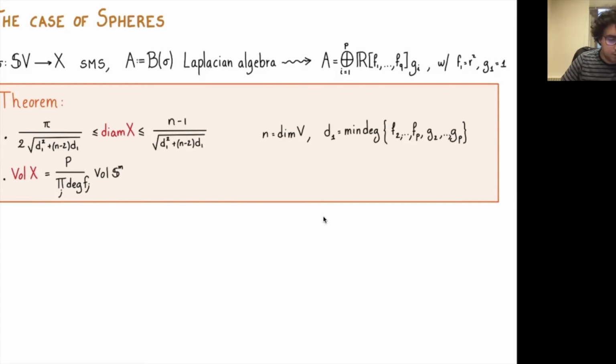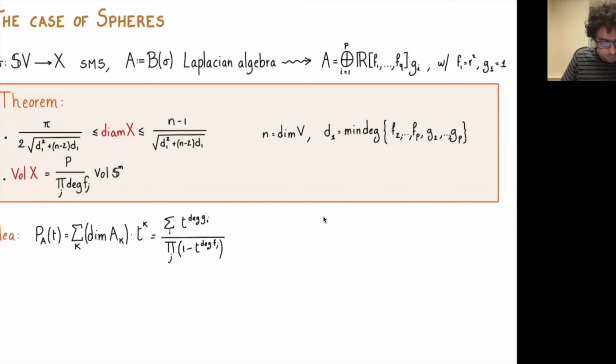So this gives rigidity, and what I would like to spend the next and final, I guess, 5 minutes of my talk on is to give an idea of how to prove this theorem. It involves standard results used in invariant theory, but the point is that it uses the Weyl law that I described before, and the point is how you get there.